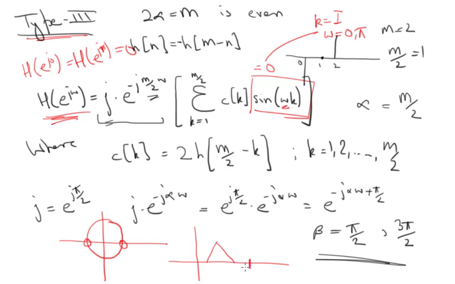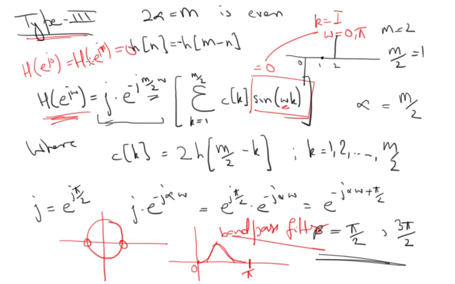It must be 0 at pi and it must be 0 at 0. So its response could be like this, but you can use this type 3 filter only as a band pass filter. You cannot use type 3 filter as low pass or high pass filters.